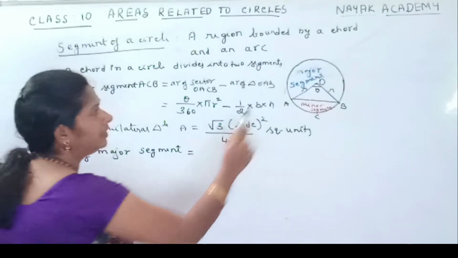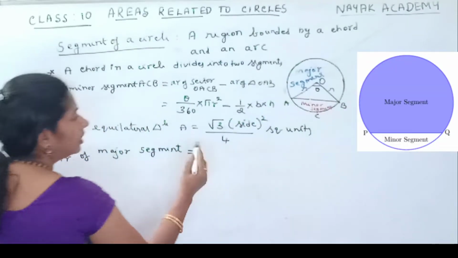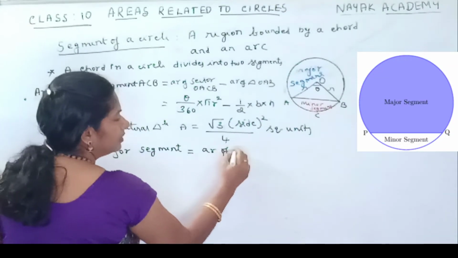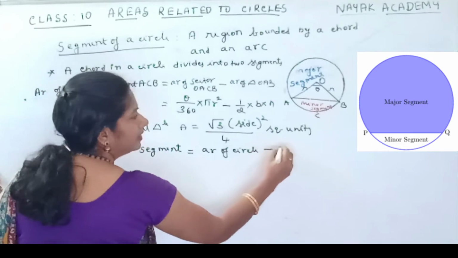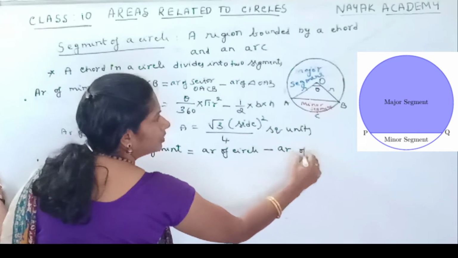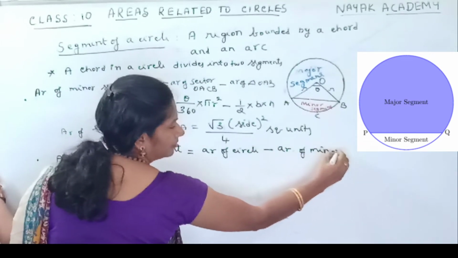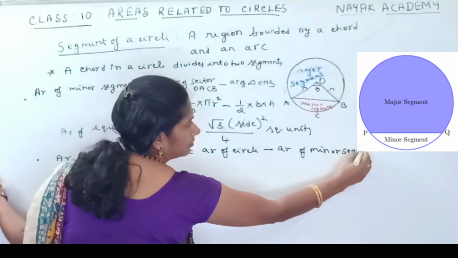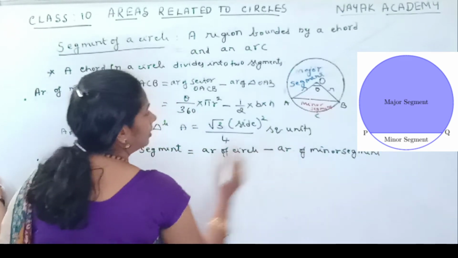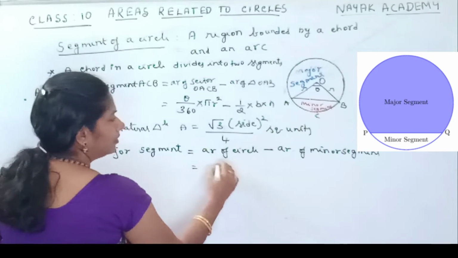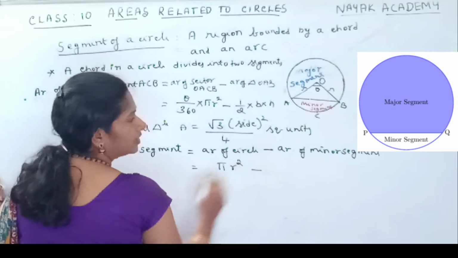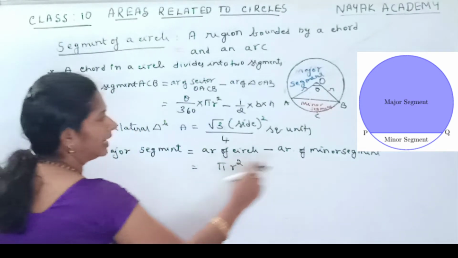Now how will you find area of a major segment? Area of a circle minus area of a minor segment. Area of the circle, pi r square units, minus area of the minor segment.